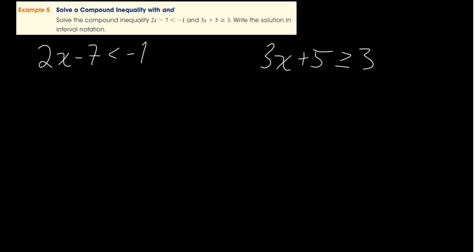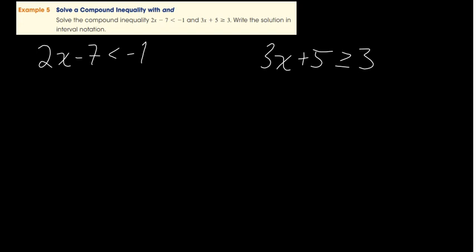Okay, so let's go ahead and write this one over here to the left. 2x minus 7 is less than negative 1. And then we have over here 3x plus 5 is greater than or equal to 3. Alrighty, so let's go ahead and solve the left one here. So if we add 7 to both sides, we end up with 2x is less than 6.